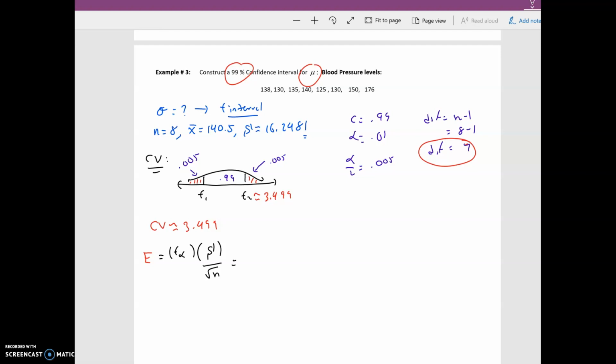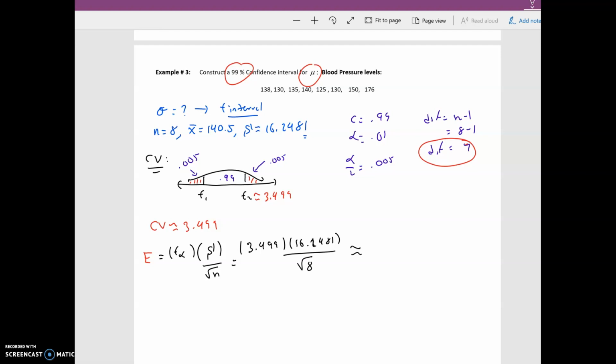So in this case, 3.499 times the standard deviation, which is 16.2481, over the square root of 8.